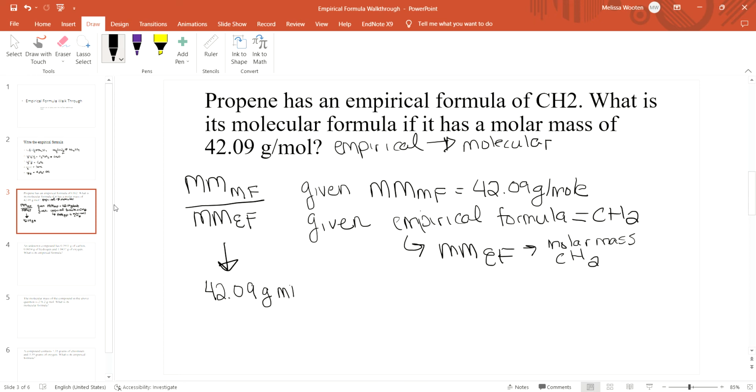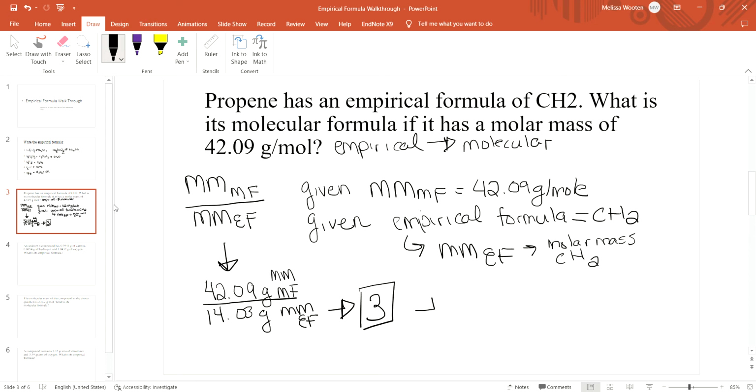This is our molecular formula molar mass. And then when you calculate this molar mass, you're going to get 14.03 grams. And this comes out to about 3. Or it comes out to 3. So what are we going to do with this 3?